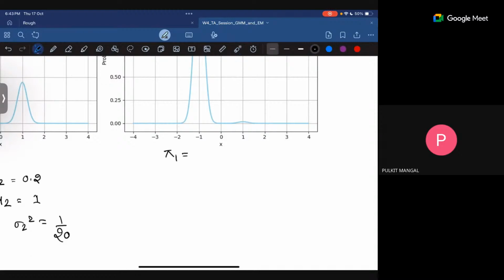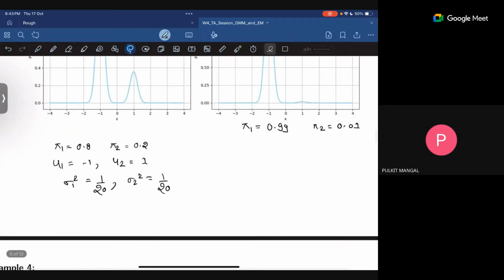The probability of choosing the first component is 0.99, and for the second it was 0.01. The mean and the variance are again the same.